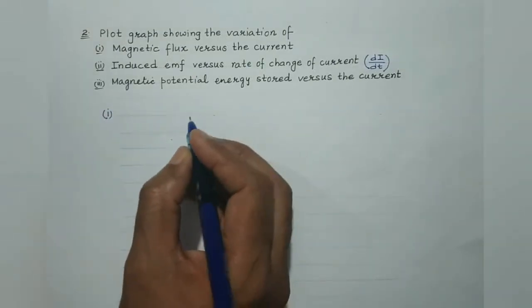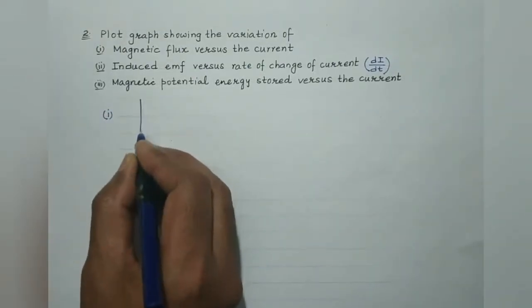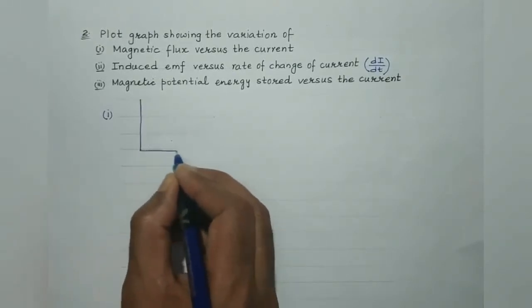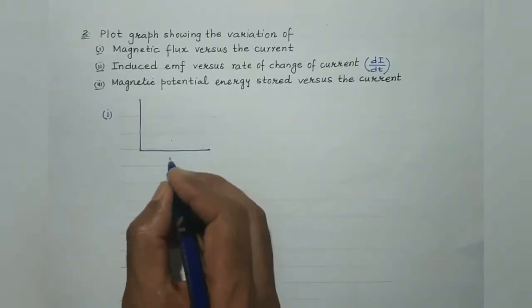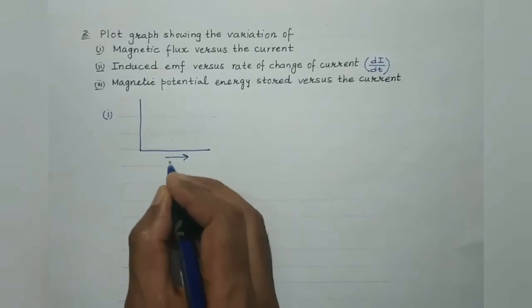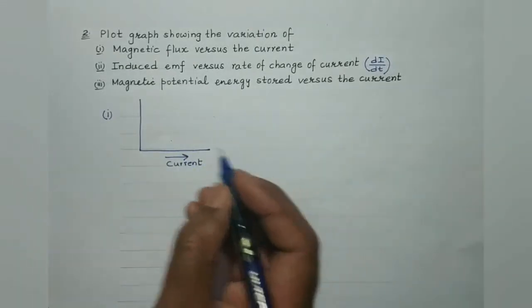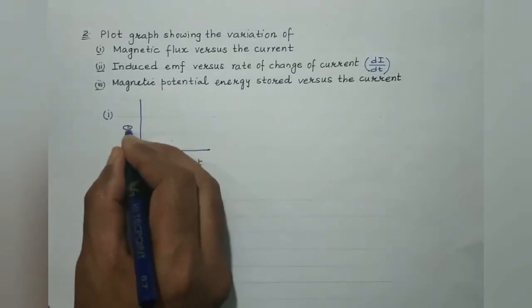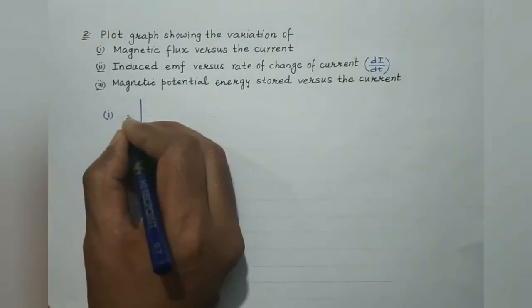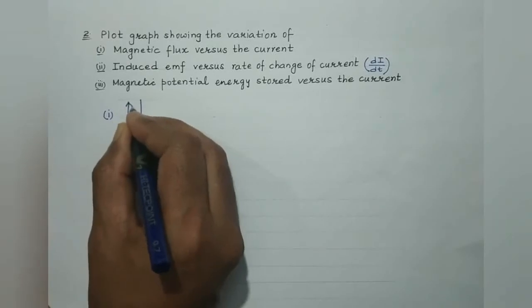We are supposed to plot a graph between magnetic flux and current. Suppose this represents current, and let us consider this axis to represent magnetic flux.